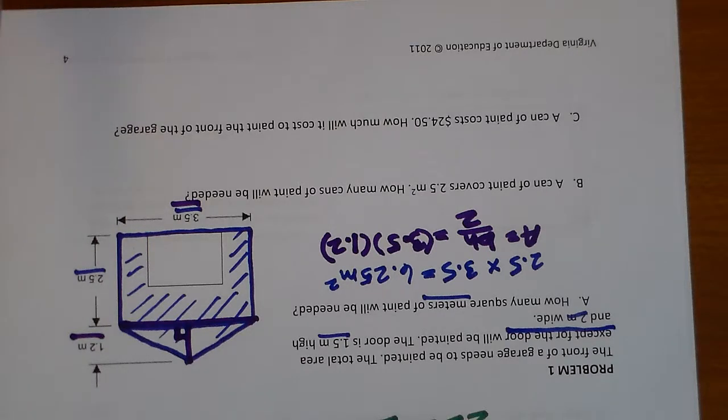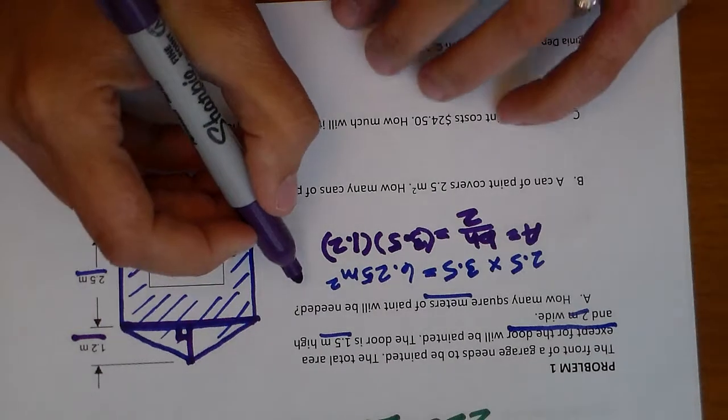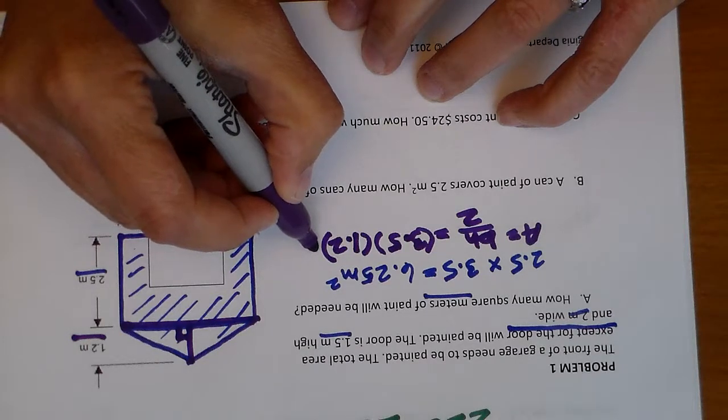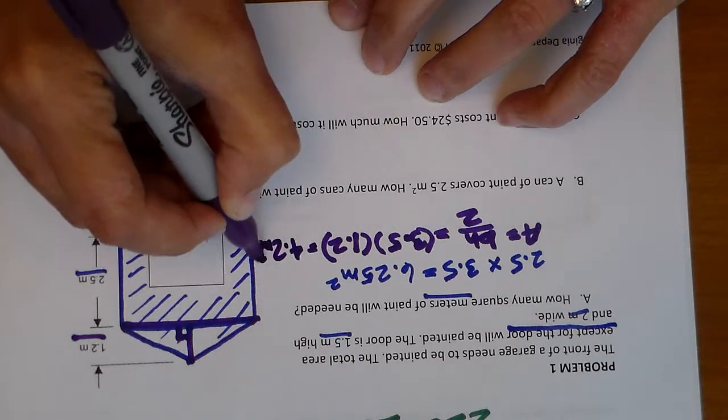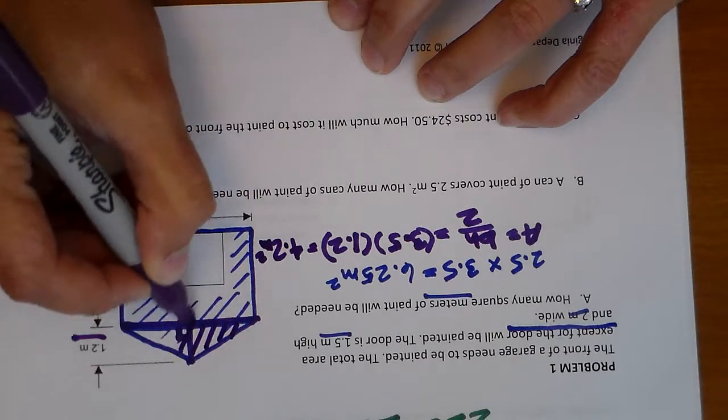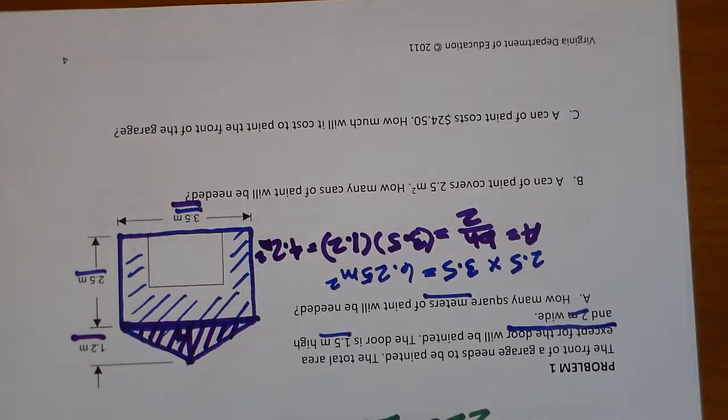And once you multiply those two together, 3.5 times 1.2 is 4.2. Okay, so we've got 4.2. So 4.2 meters squared is the area we'll have to paint for the top.